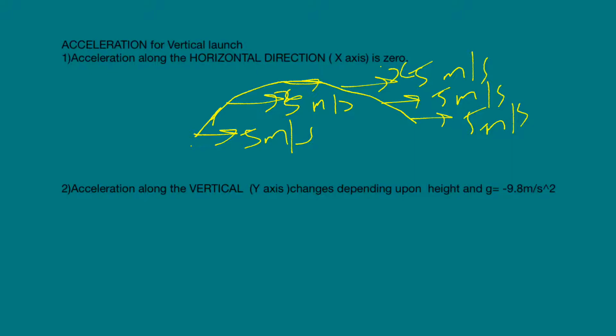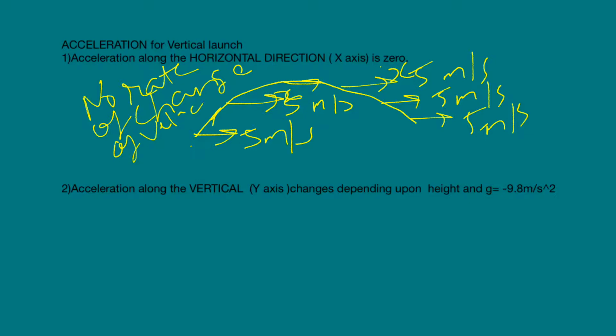Here velocity is not changing in the x direction, so there is no rate of change of velocity along the x-axis, or parallel to the ground. So acceleration is 0. That's why acceleration along the x-axis is 0.